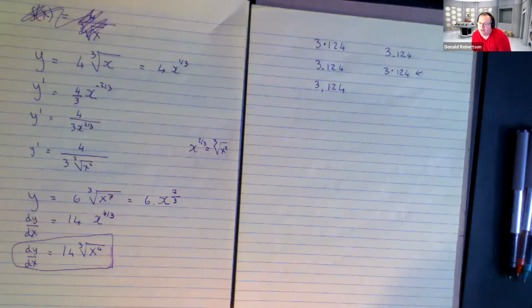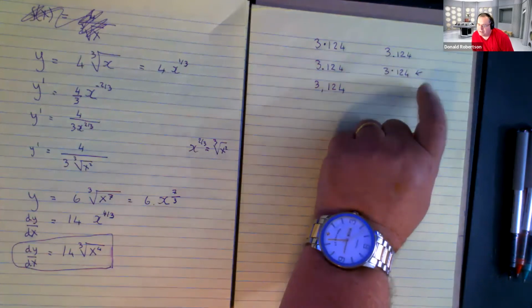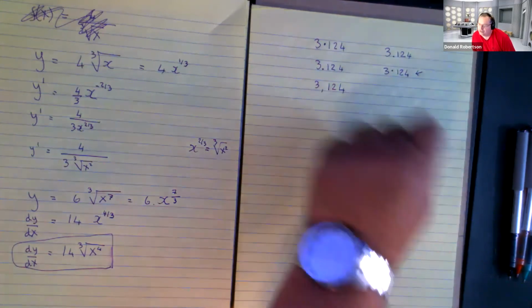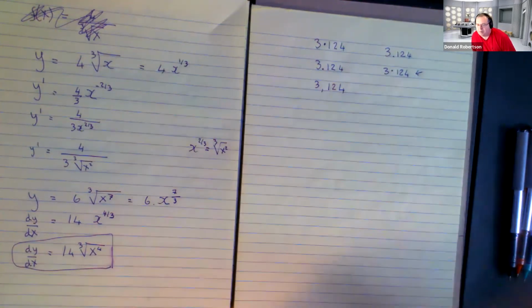Can you see how things get screwed up when people don't agree on standard ways of writing things? Can you see the confusion that could arise when American scientists and British scientists are just scribbling down some calculations and showing each other what they're doing? If I pass that over to an American, he might be thinking, I wonder why you're multiplying 3 and 124 if I don't tell you, right?